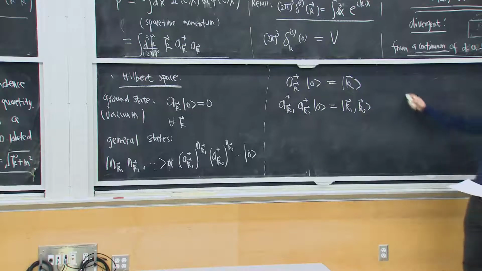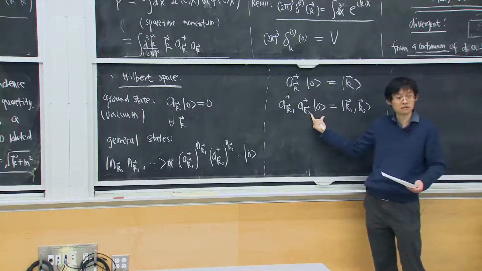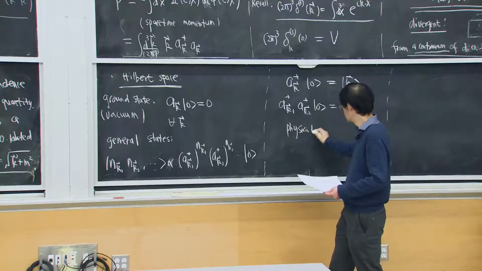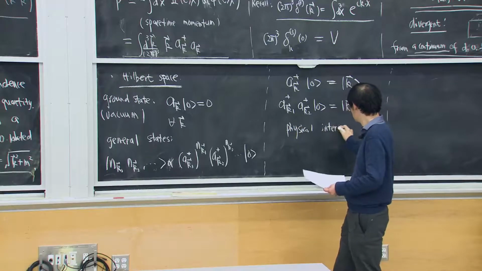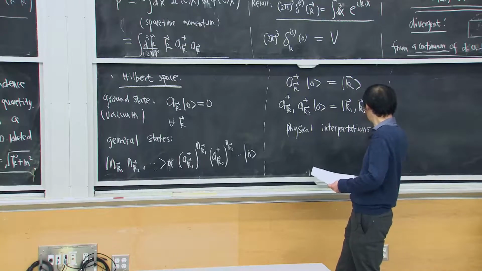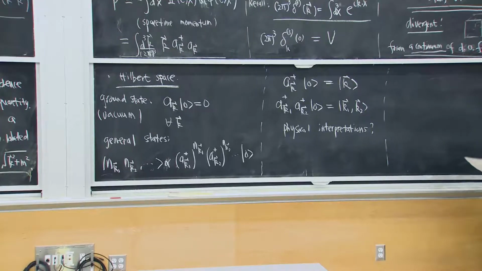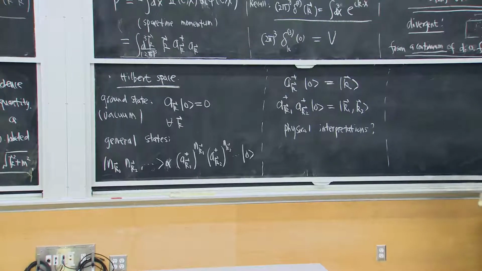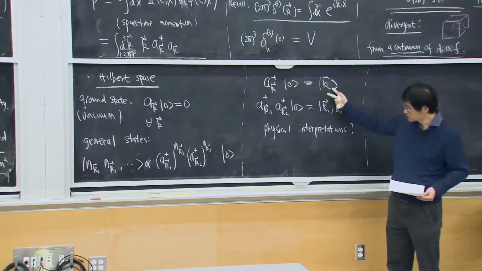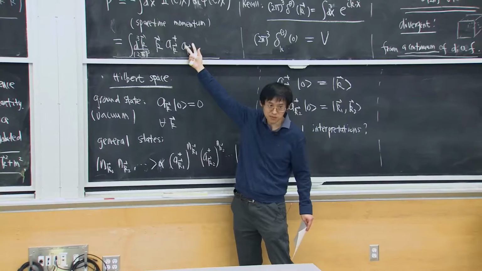And now we ask, what are the physical interpretations of those states? For this purpose, we can just look at their quantum numbers under, say, the Hamiltonian and under the space-time momentum.